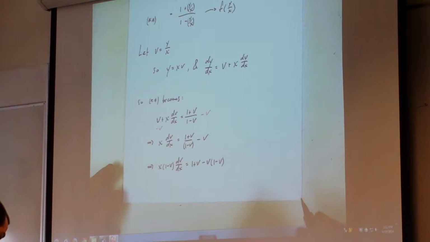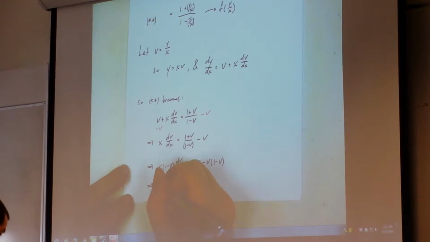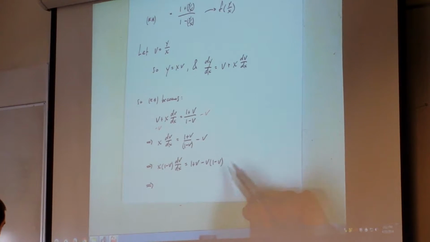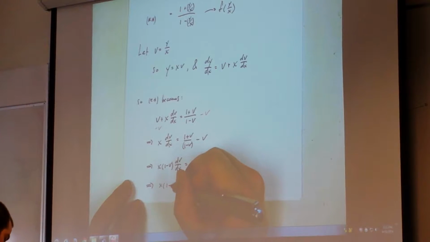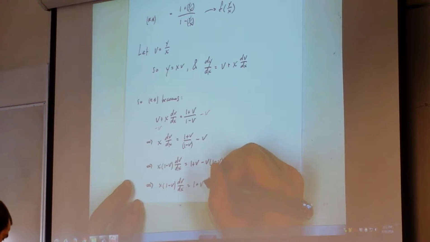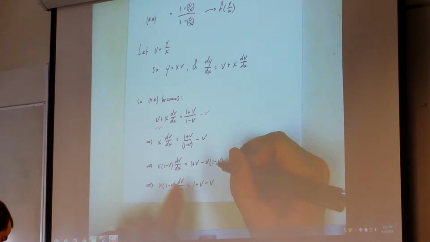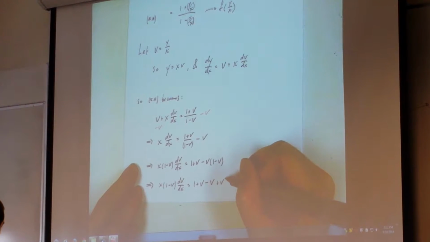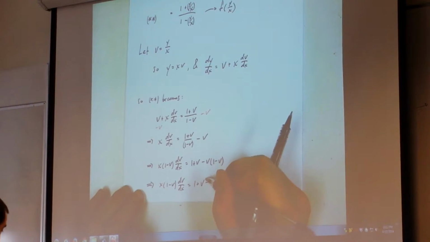Okay. Now, following through, multiplying that out on the right, I got 1 plus v minus v times 1, that's v, and then minus, that's plus a v squared. Those cancel out.